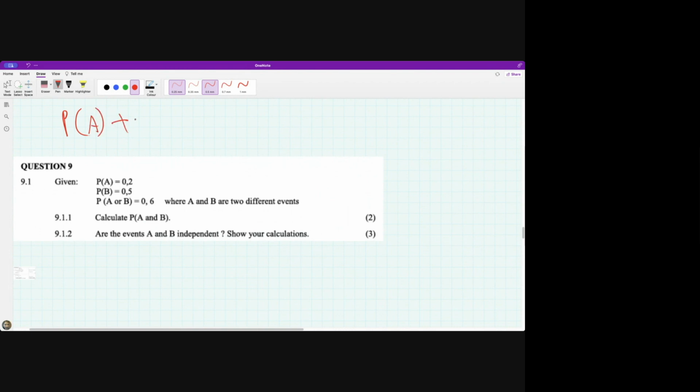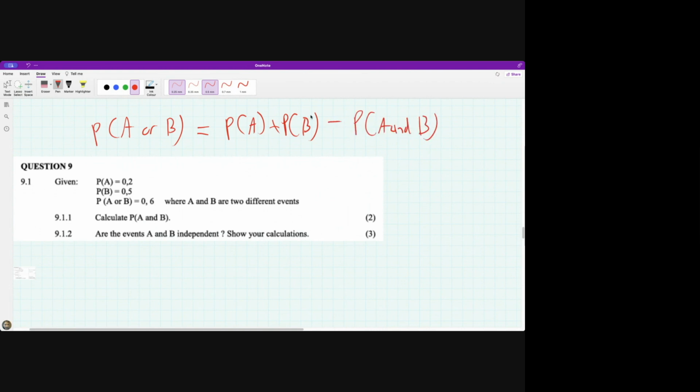The probability of A or B is the same as the probability of A plus the probability of B minus the probability of A and B. And this is a universal identity that you can use.